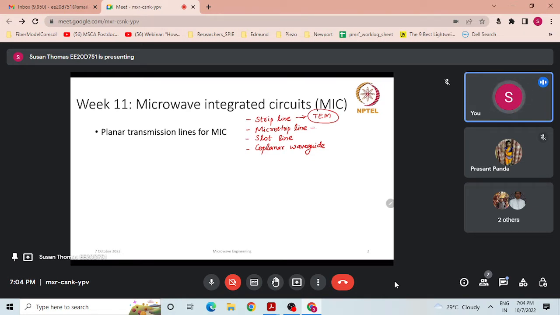In microstrip line, we say it is quasi TEM because the structure of the transmission line has one ground plane, a dielectric, and then a conductor. From the conductor to the ground plane you have electric field lines, and if you remember, it is a kind of quasi TEM mode of wave propagation.